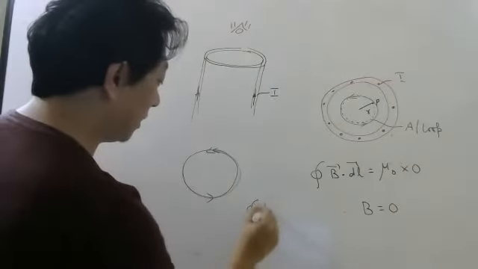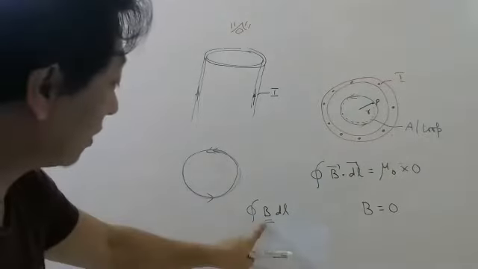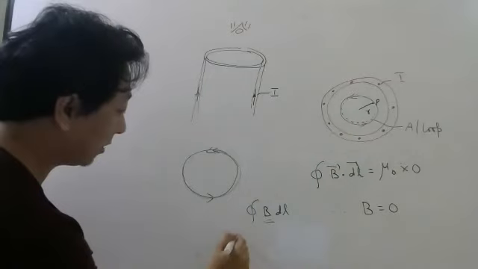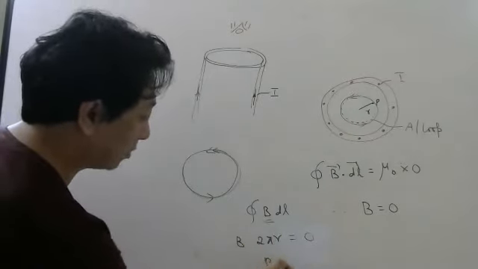So it will be B dl cos 0. That means B has to be 0, because B is constant for this circle, so I can take B outside. This integral will give you 2 pi r. So if this is 0, B has to be 0.